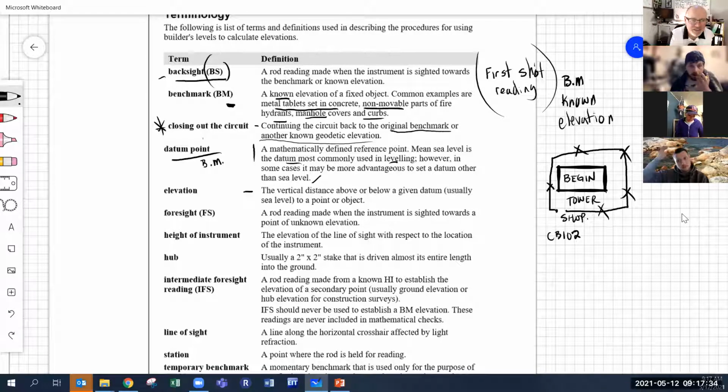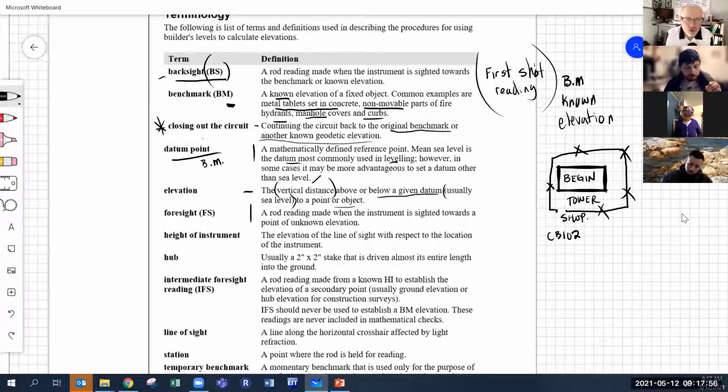Anytime we talk about elevation, when we're talking about builder's level, it's a vertical distance above or below a given datum. Now it says sea level, but it is a given above or below a given benchmark.